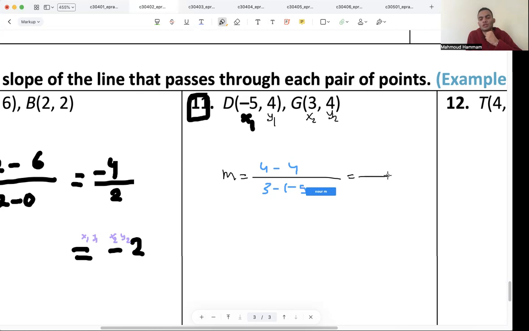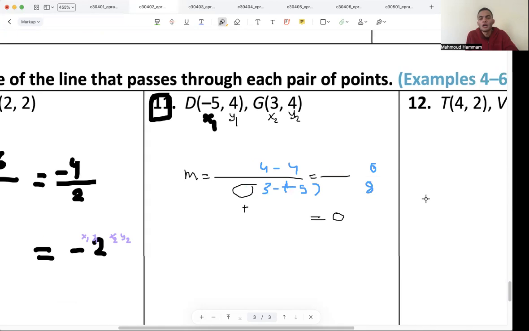So it is equal to 4 minus 4 is 0. Put the 0. And minus negative 5 becomes plus, to be positive 8. So 0 over 8, which is equal to 0. So m equals 0.